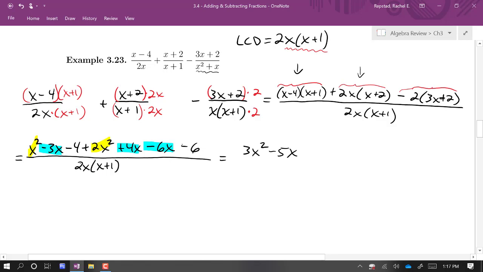And then negative 4 minus 6 is negative 10. And then the last thing we want to do is check to see if we can factor that trinomial up top.